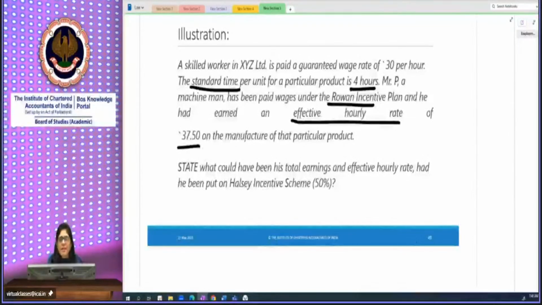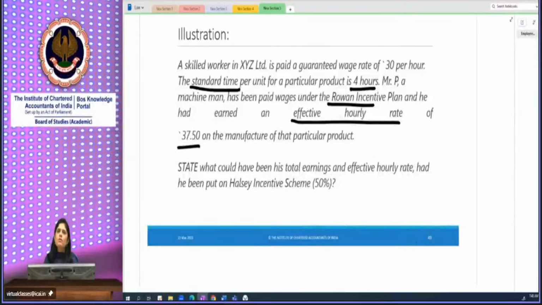Effective hourly rate means whatever wages you are being paid and how many actual hours you have worked. Effective hours means how many actual hours you have worked. In this question, if the time allowed is 4 hours and you have taken 6 hours, the effective hours is 6, what you have actually taken.